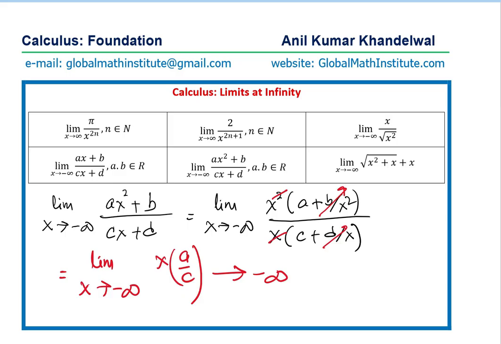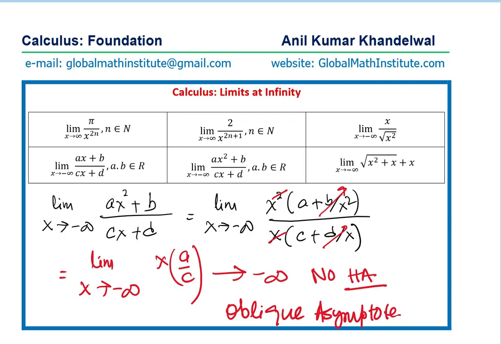So in this case, we have no horizontal asymptote. In fact, y equals minus x, in this case, will be an oblique asymptote. So this is a case of an oblique asymptote. So we are writing here oblique asymptote. However, we are not going there.